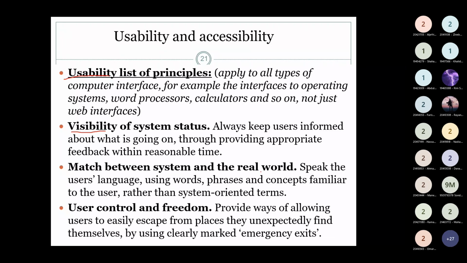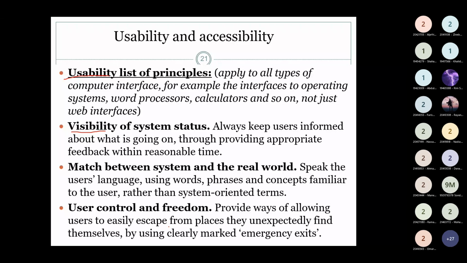So it means that you speak the user's language, using words, phrases, and concepts familiar to the user rather than system-oriented terms. And you have user control and freedom. So it will provide ways of allowing users to easily escape from places they unexpectedly find themselves by using clearly marked emergency exits. Okay.